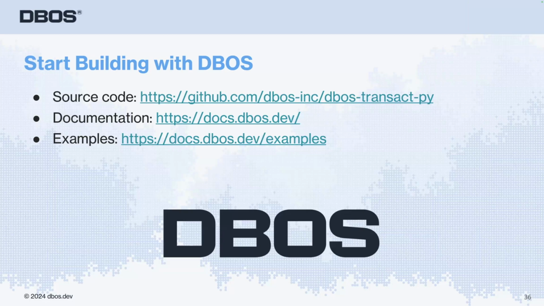To give you an example, one cool thing we have is durable sleeps. If you call a sleep in DBOS, it doesn't just call Python's time.sleep. It stores your wake-up time in the database. So if you do a sleep of 1 week, because maybe you want to wait a week before sending a follow-up email or notification, then DBOS will record the wake-up time in the database and then put your application to sleep.